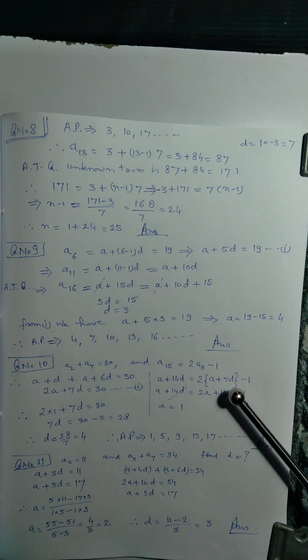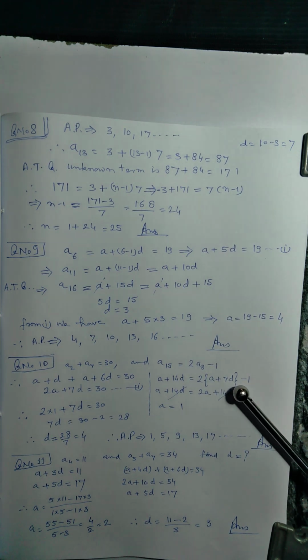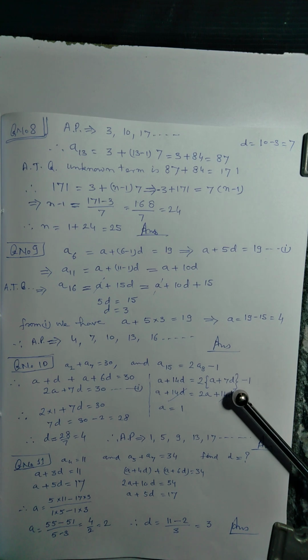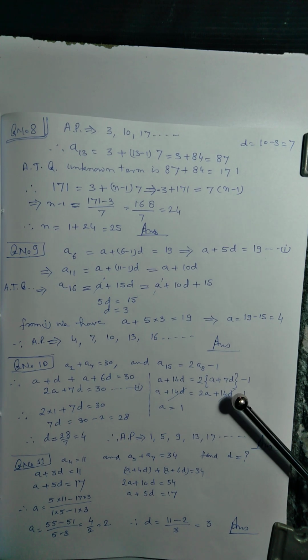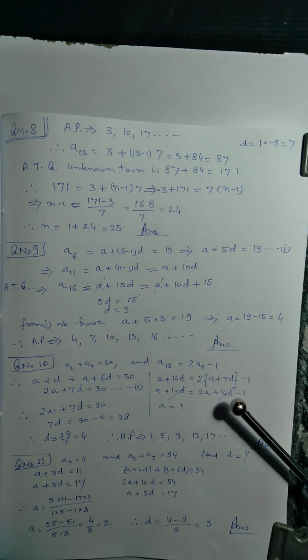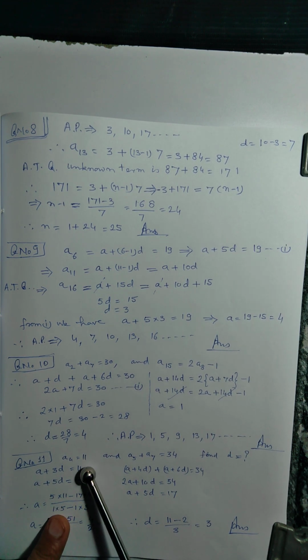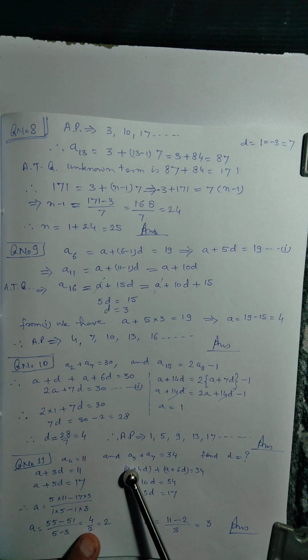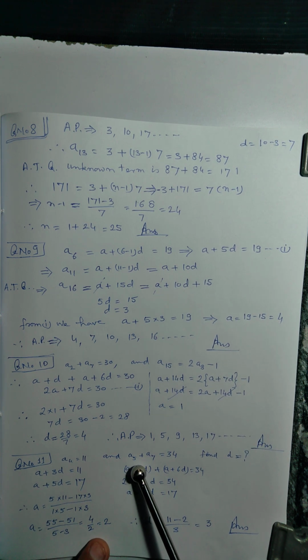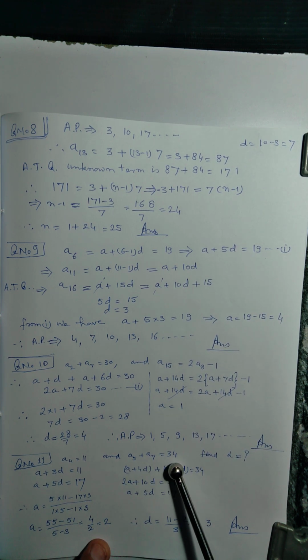Question 11 states that the fourth term of an AP is 11. The sum of the fifth term and the seventh term of an AP is 34. Find its common difference. You see, the fourth term is given, that is 11, and the sum of the fifth and seventh term is 34 given.